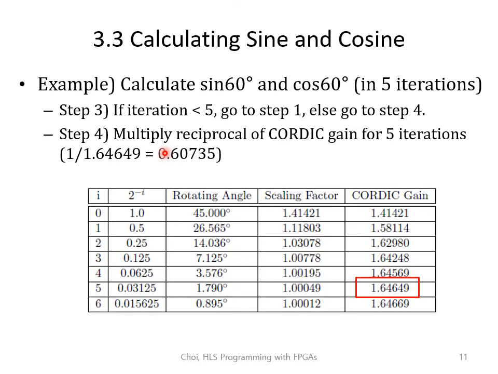And when we're done, multiply by the reciprocal of the CORDIC gain for 5 iterations. You can look at the table in the previous slide, which tells us the value is the inverse of 1.64649, which equals 0.60735.